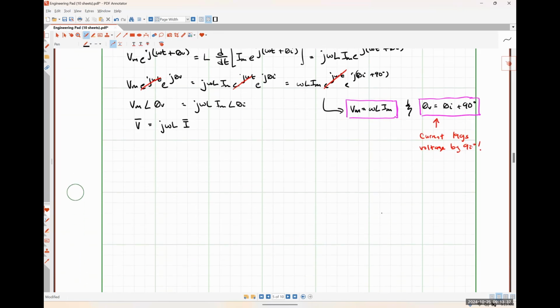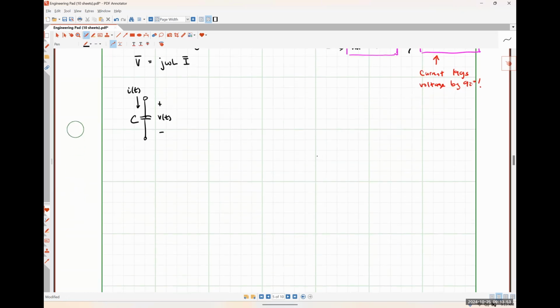Lastly, we have capacitors. I promise things will get slightly less boring here shortly.